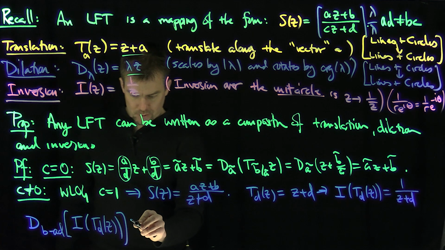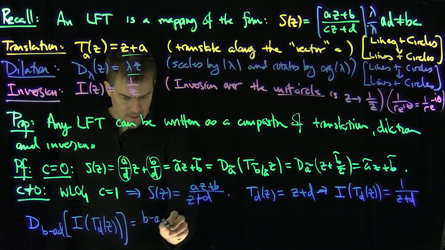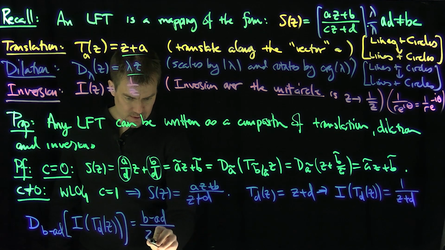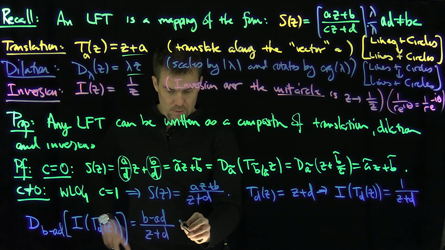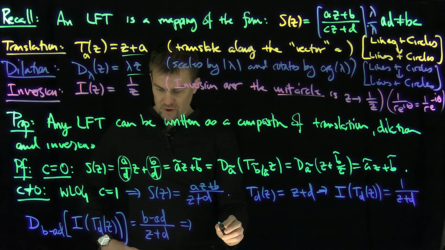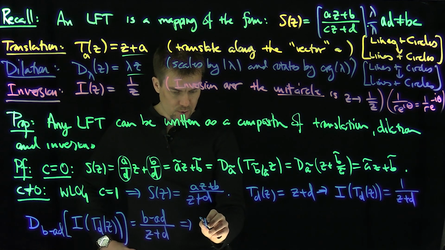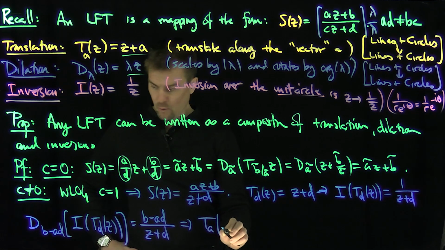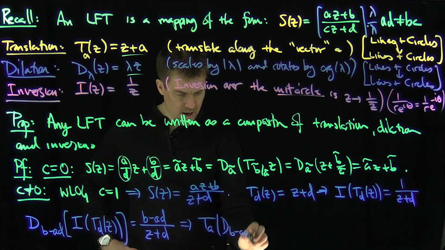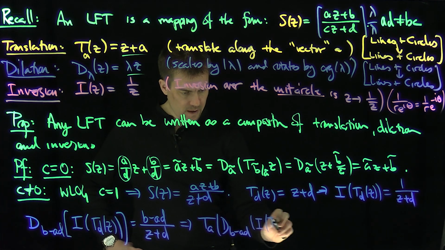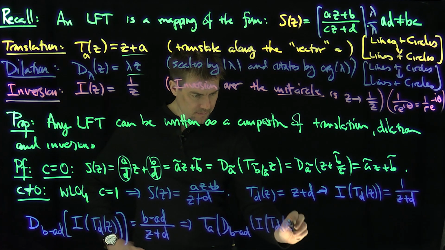So this is exactly b minus ad over z plus d. And then finally, the last thing we're going to do is shift by a. I'm going to do a translation by a of the dilation by b minus ad of the inversion of T_d of z.